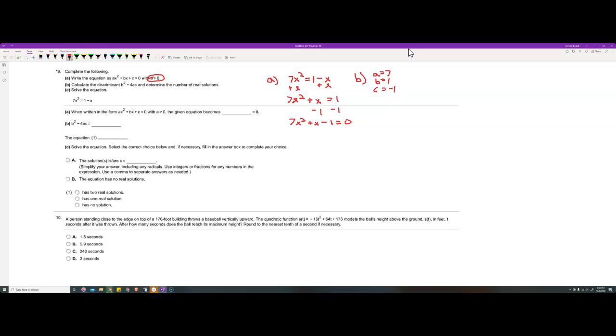So b squared is going to be 1 squared minus 4 times a times c. So that's going to give me 1 plus 28 for a value of 29.